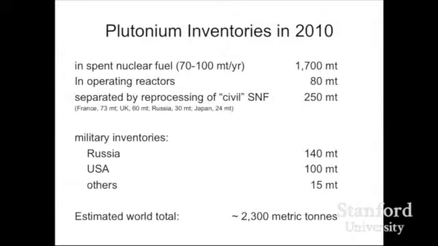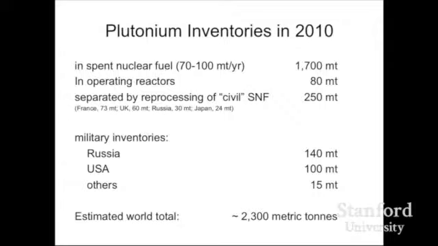It's a man-made element. And so if we look at the inventories, the inventory generated by nuclear power is 2,300 metric tons. Okay? Keeping in mind that in terms of a weapon, we're talking about kilogram quantities. So this is a lot of potential nuclear weapons.